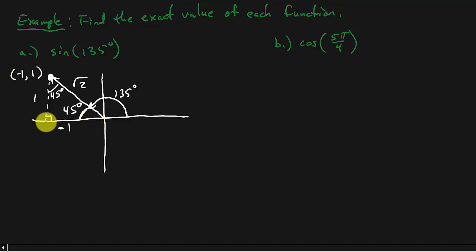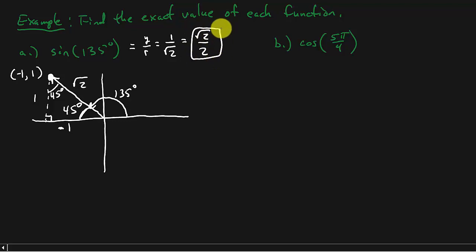I would have to come over to the left 1 and up 1. And so now I get the sine of 135. That's y over r. What's y? That's 1 over r, which is the square root of 2. And then I'll rationalize the denominator. Multiply numerator and denominator by the square root of 2. That would be square root of 2 over 2.